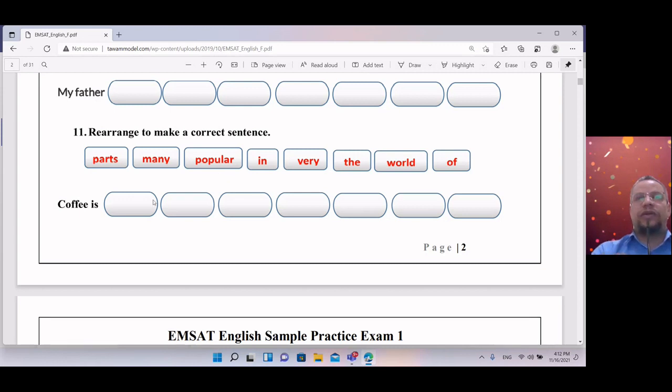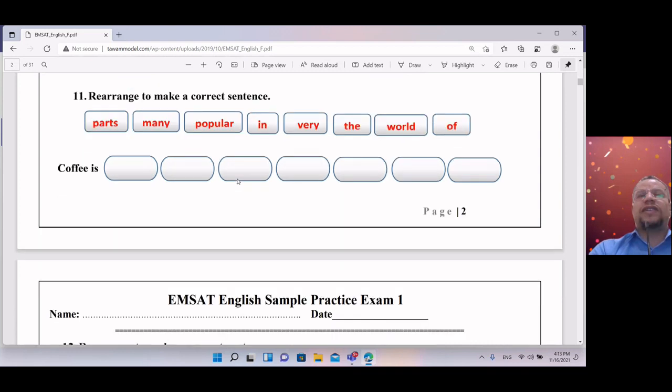So coffee is very popular in many parts of the world. Right. Coffee is very popular, very famous, very known in many parts of the world. That's correct.